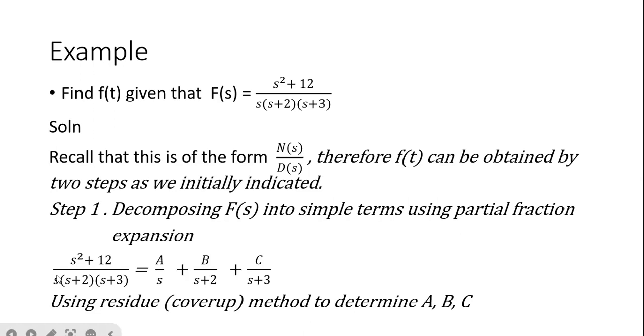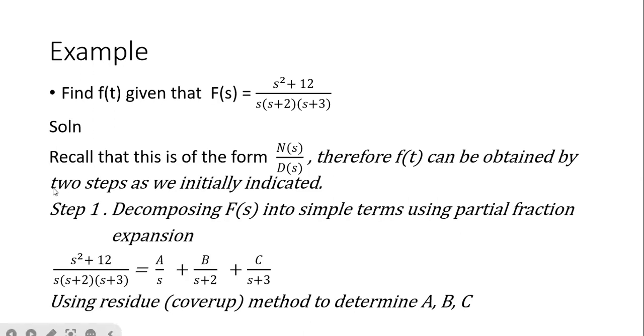So how do we look for that? We're going to look for it using either the residue method or what we call the cover-up method to determine A, B, and C. It is important to realize that there are several methods to do this, and I believe you have done partial fractions in the lower classes where you were shown how to find these constants A, B and C. Here, we're just going to do a little refresher.